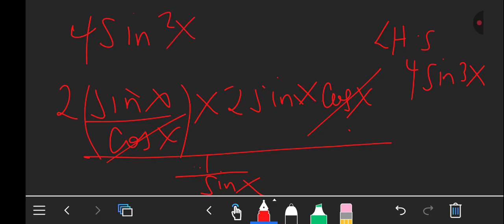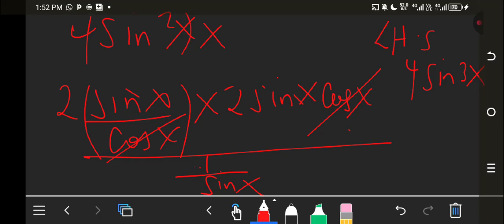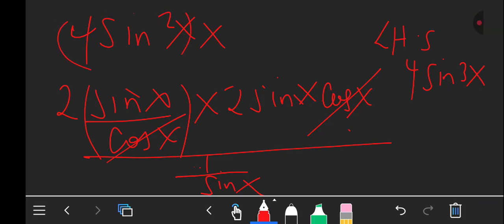Then this 1 over sine x can also be written as multiplied by, so this is one expression, we are multiplying by 1 over sine x, which can also be written as sine x over 1, and this is simply just sine x.